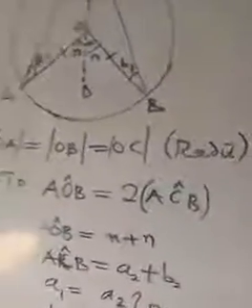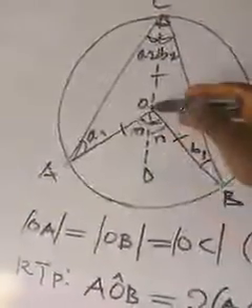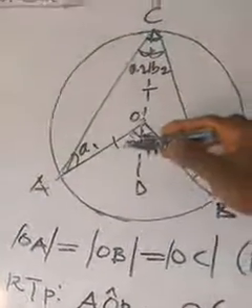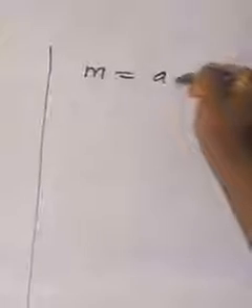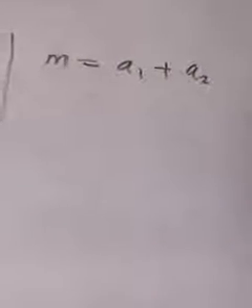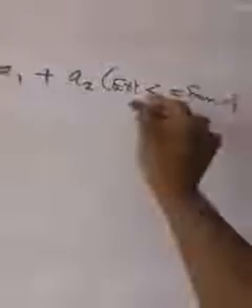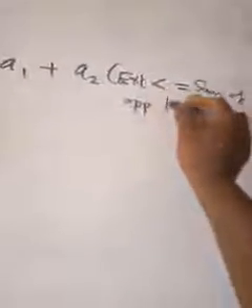If you look at this angle M, it represents the exterior angle to this triangle. So we say that M is equal to A1 plus A2, which is exterior angle equals sum of opposite interior angles.